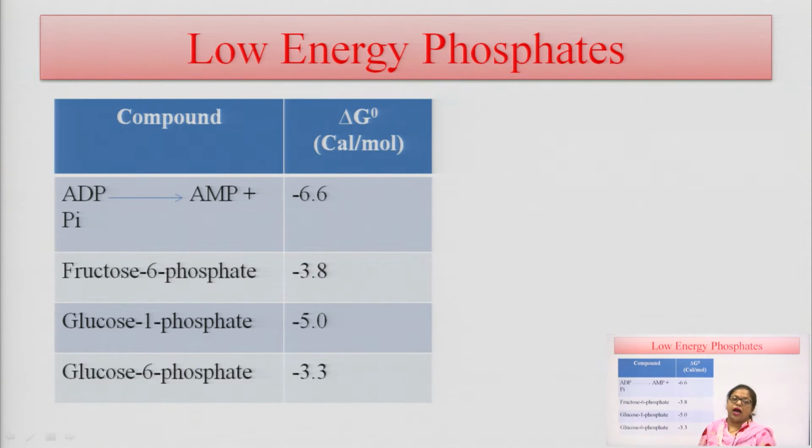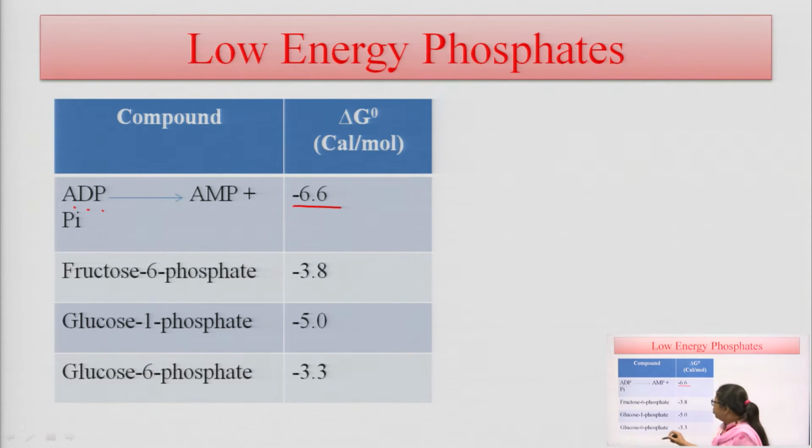After these high energy phosphates, there are some low energy phosphates also. These compounds give low energy when hydrolyzed. When adenosine diphosphate is converted into adenosine monophosphate, with release of one pyrophosphate bond, the energy is minus 6.6 kilocalorie per mole, which is a low energy phosphate.